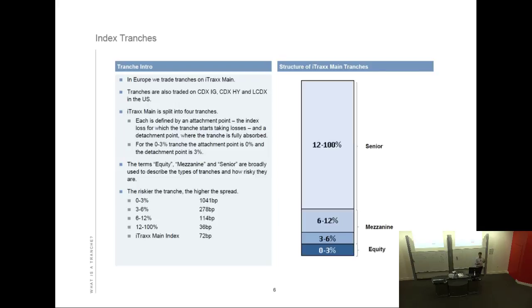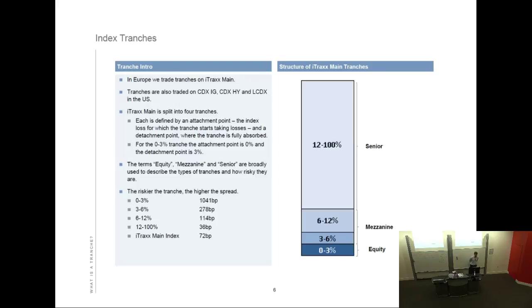Okay, so equity is most risky, junior mezz second most, senior mezz third most, super senior the least risky tranche. Okay, and so for example, if you look in the markets, at a time when iTraxx Main, the index itself, trades at 72 basis points, a real life example would show you that on the equity tranche, the 0 to 3, you would earn 1,041 basis points, so basically 10% running.